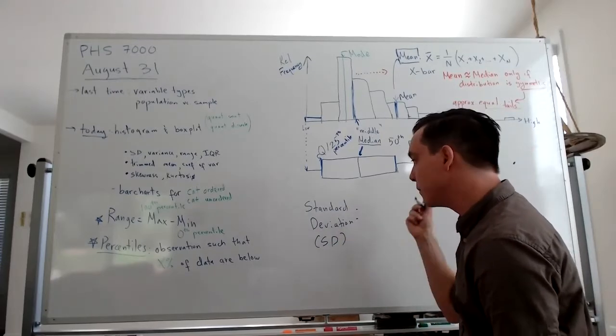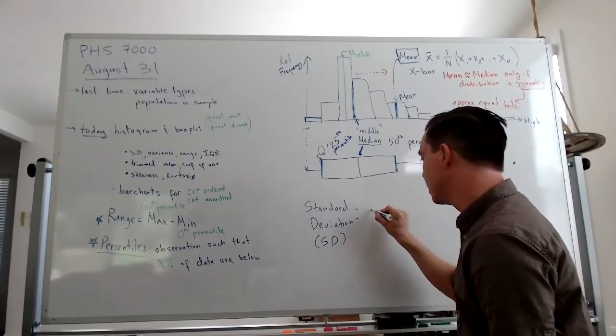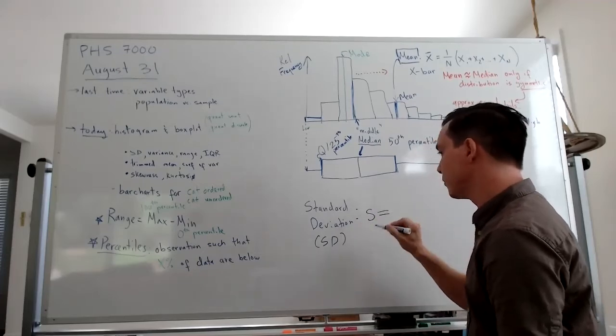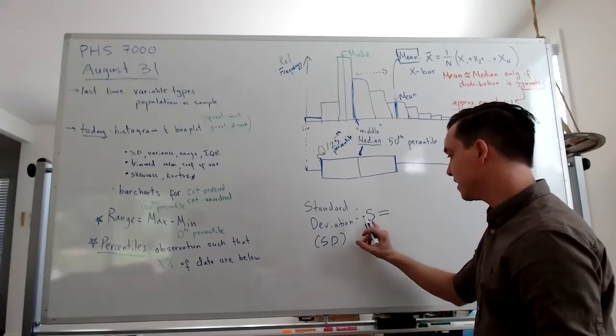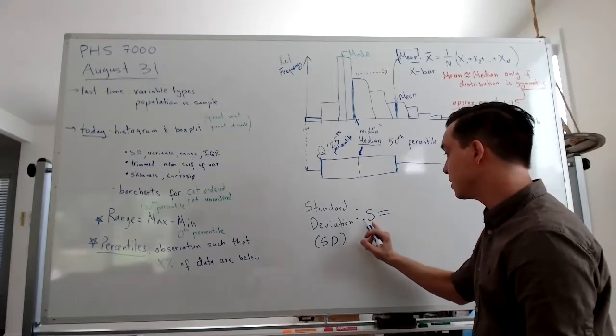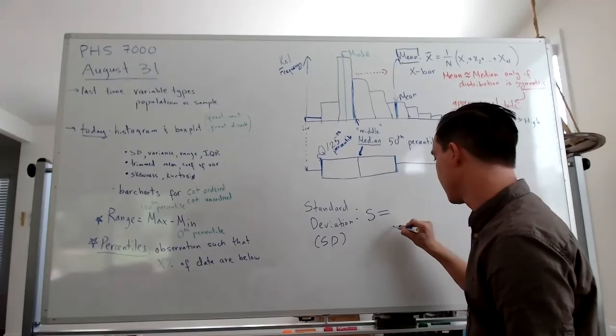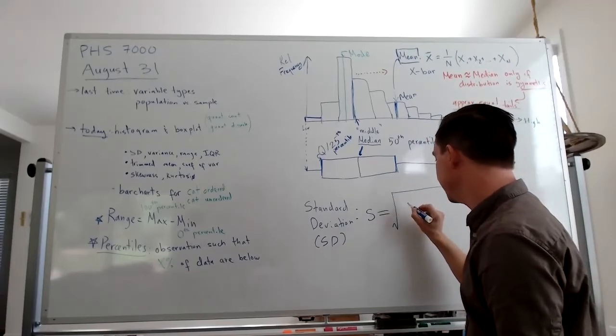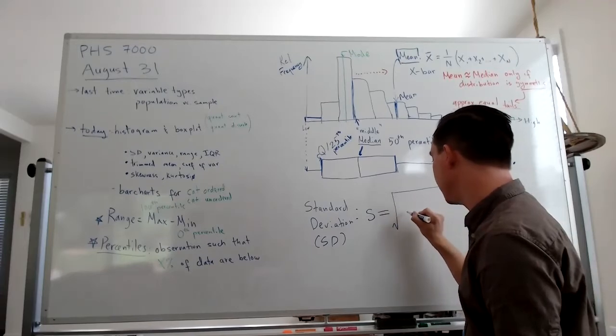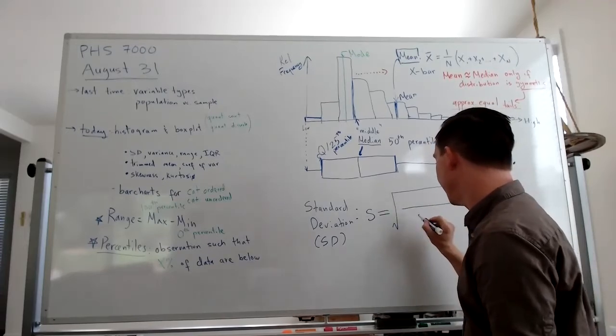Yet it's a very common measure of spread. In the sample, which so far we're just talking about your observed data, we're not talking about the population, we're talking about the sample. The sample standard deviation, the notation is s_x. It has a square root. And then it has a sum and a division.